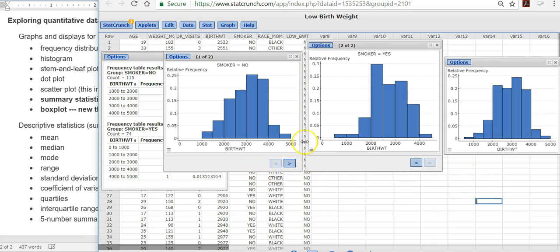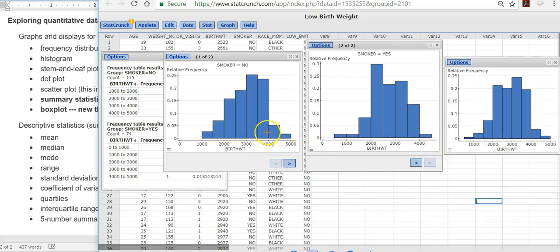The other thing I would notice that's a major difference between these two, the values on the left and the right ends of the graph. In this one, we have at least some babies that were at a much higher weight, between 4,500 and 4,999 grams. This one, there aren't any babies in that class because it doesn't even show that class on the end of the graph.